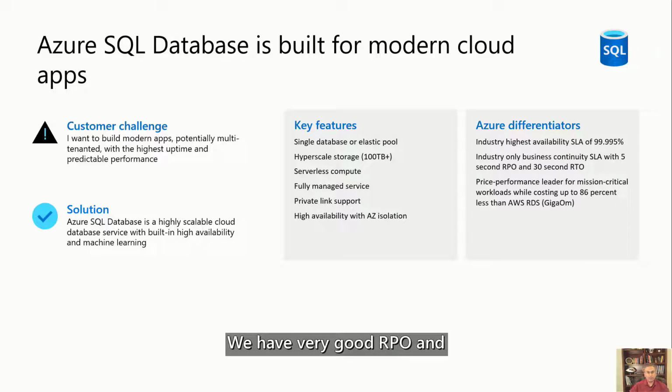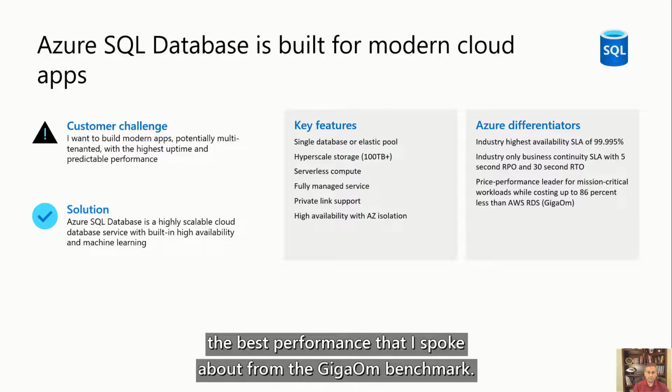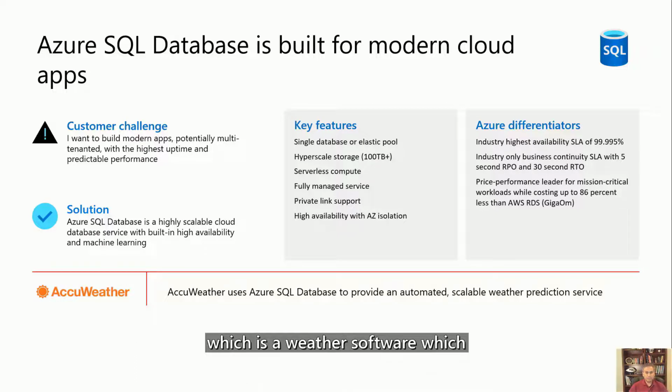And we have very good RPO and RTO, plus with features like Private Link and all the other SQL Server security features, you get the best of security along with the best performance that I spoke about from the GigaOM benchmark. A nice story for this deployment option is AccuWeather, which is a weather software.